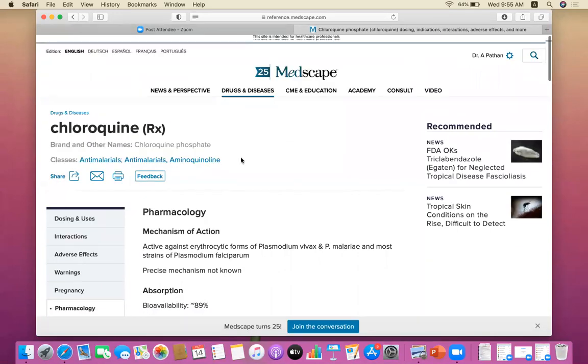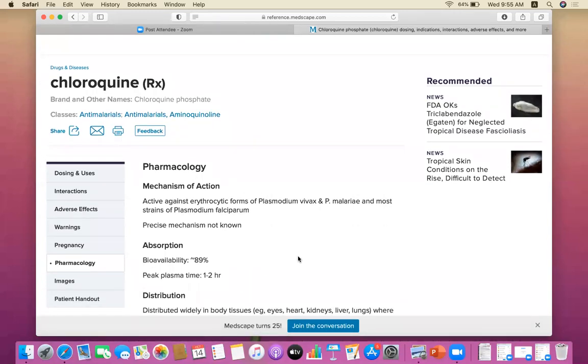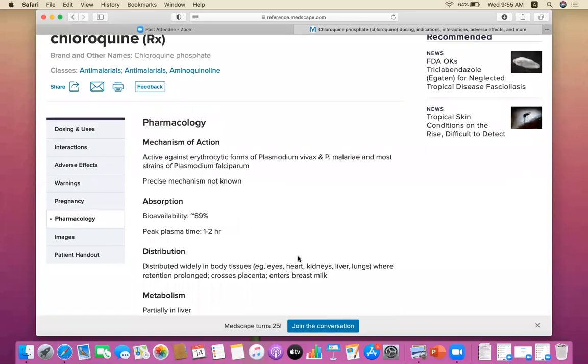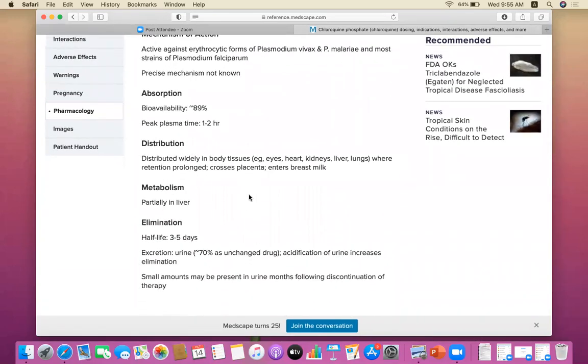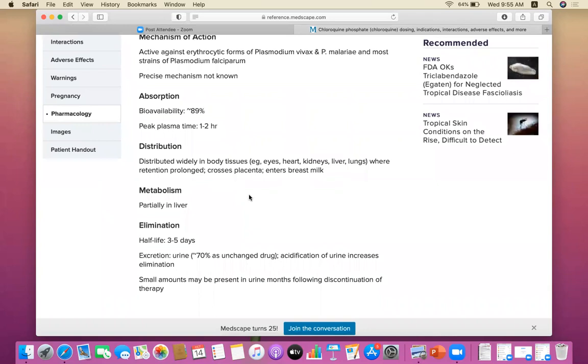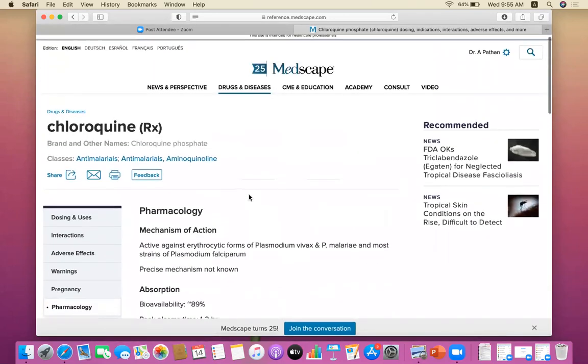Pharmacology, mechanism of action: active against erythrocytic forms of Plasmodium vivax and Plasmodium malariae and most strains of Plasmodium falciparum. But the precise mechanism of action is not known. Then there is the pharmacokinetics: absorption, distribution, metabolism, and excretion.